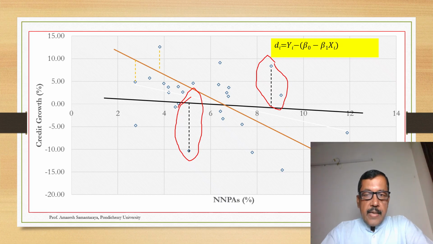If the sum of the vertical distances is large, that perhaps suggests that the black line is not good enough to explain the relation between NPAs and credit growth observed from the scatter plot, right? Alternatively, the similar vertical distance from each point to the yellow line can be computed, and once it is computed for each of the points, it can be added up.